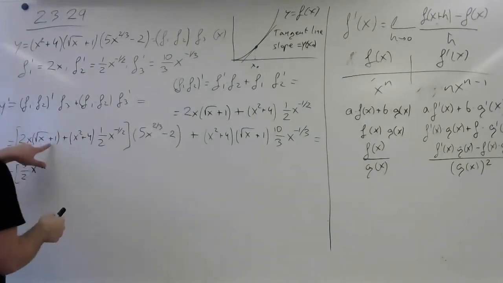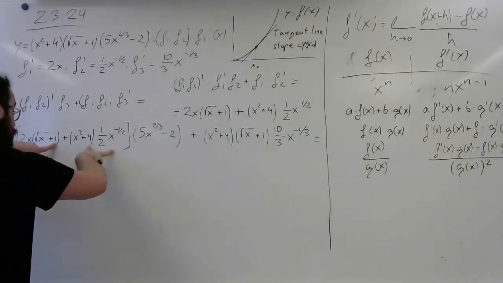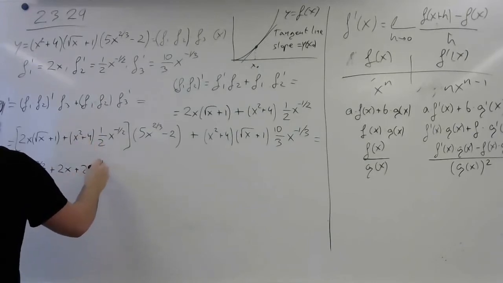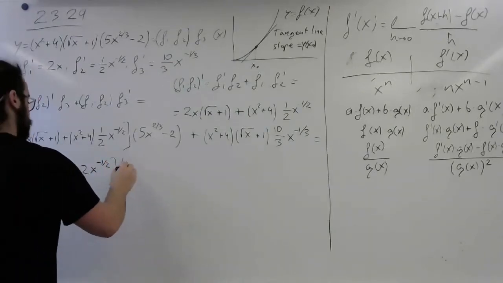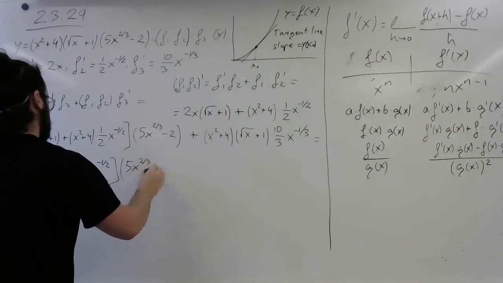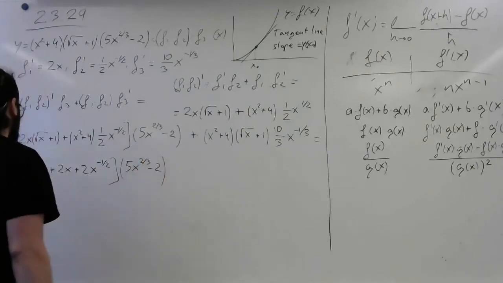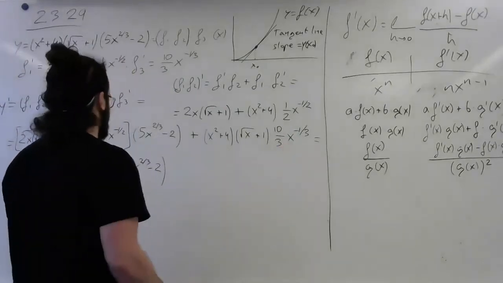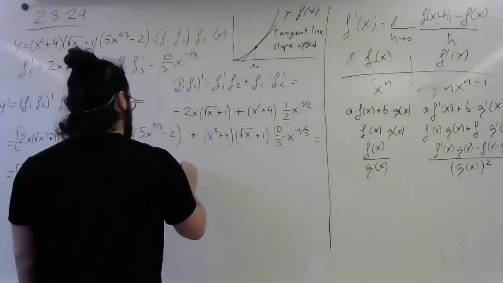And now we have to take care of the other two terms. This is 2x, and this is 4 times 1/2, so 2x to the power minus 1/2. Like this. And this one, I think we can leave it the way it is.